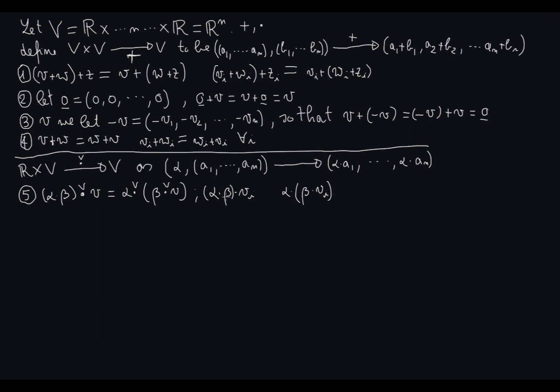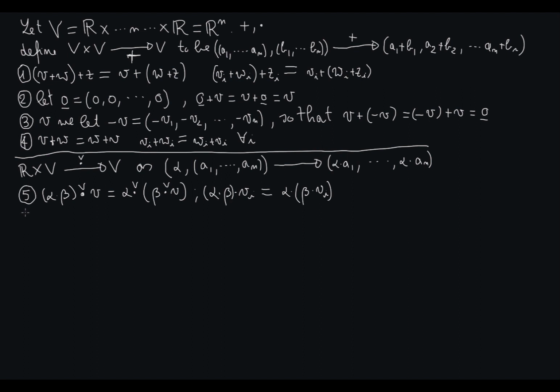So are these two numbers the same? These are just real numbers in R. Are these two real numbers the same? Yes, because all these multiplications are of the same type, the multiplication inside R as real numbers. Therefore, we have the associative property inside R for the multiplication, and hence this equality holds.